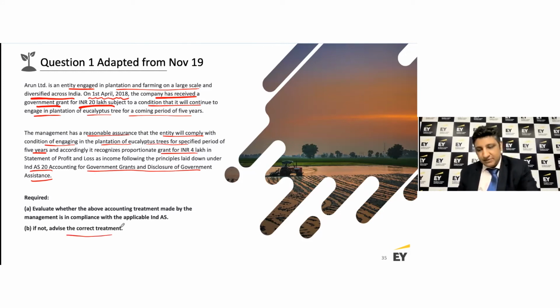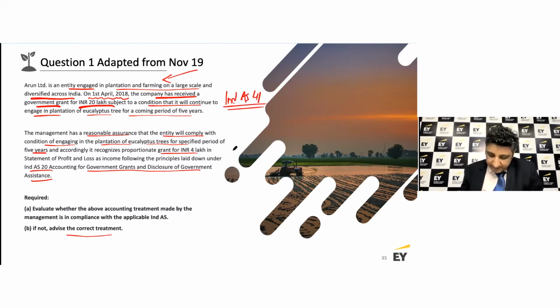Okay, again, we just talked about it, about the recognition of the government grant, right? Whether it pertains to Ind AS 41 or does it relate to Ind AS 20? That's something which is critical, right? If you look at the entities engaged in plantation and farming, very likely Ind AS 41 would be applicable.